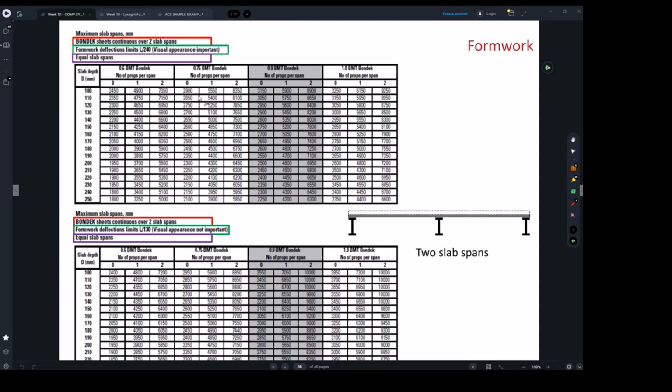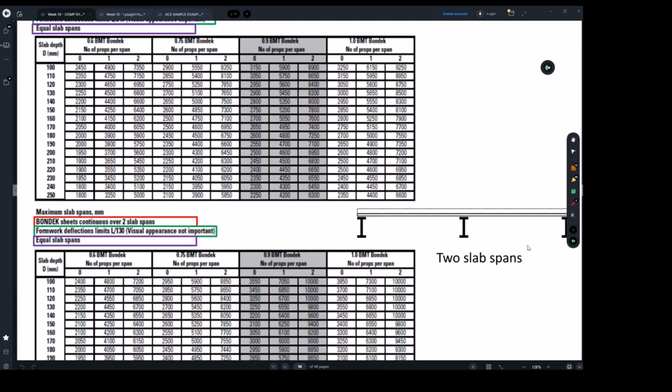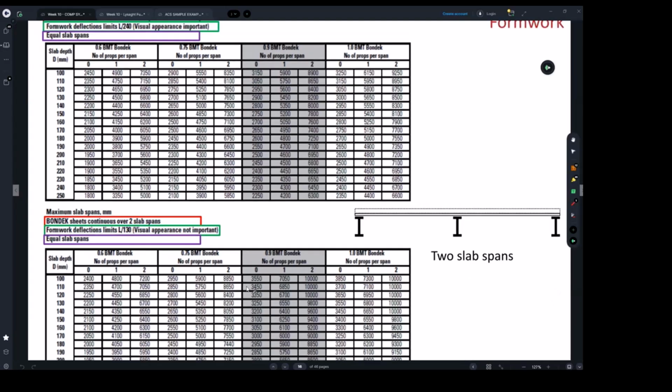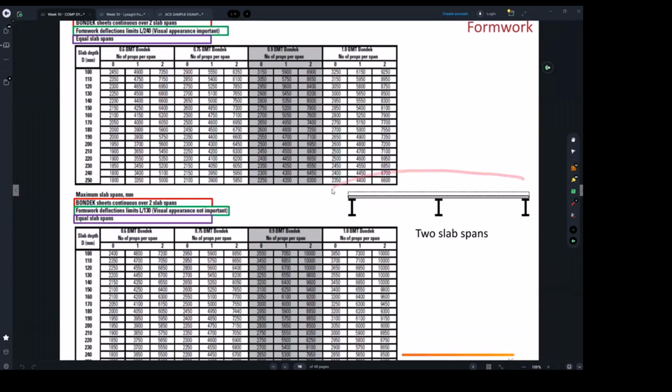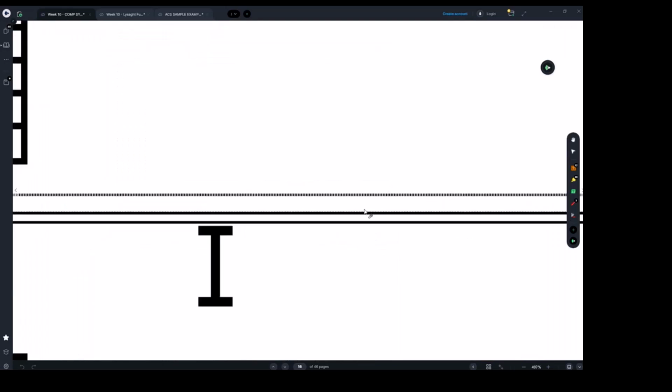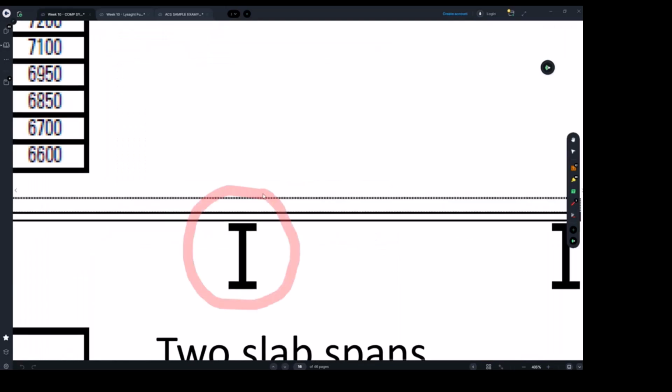Now, this table is again for what? For situations where we have continuous bonding over a support, right? Can I ask you what's the bearing we needed over the support? Did you forget it? What was the bearing required over this support here?